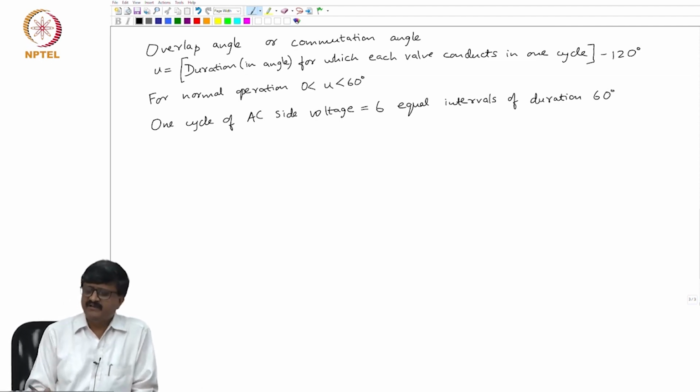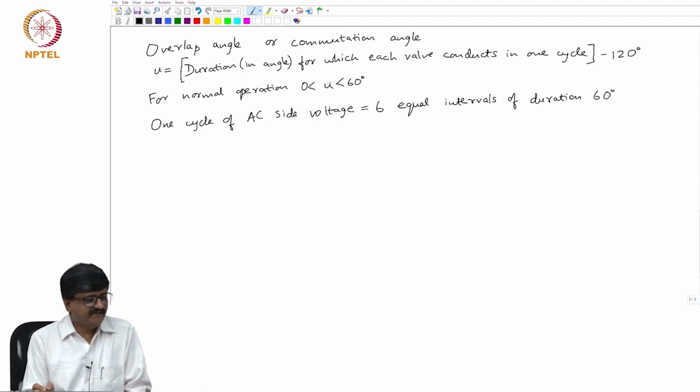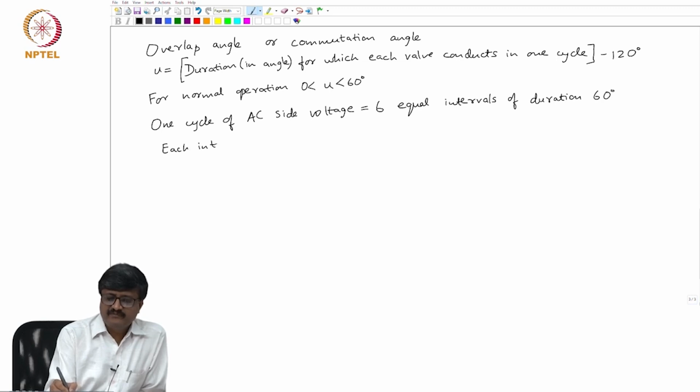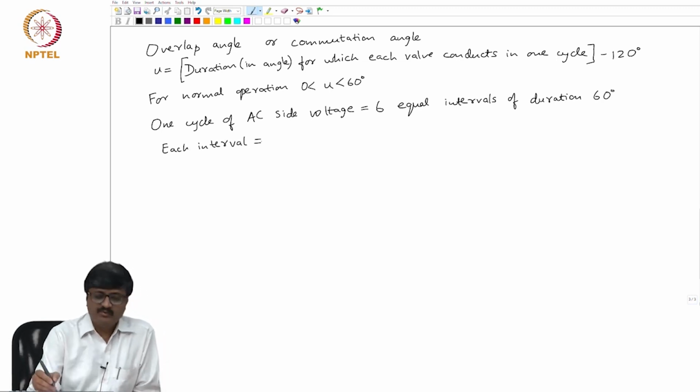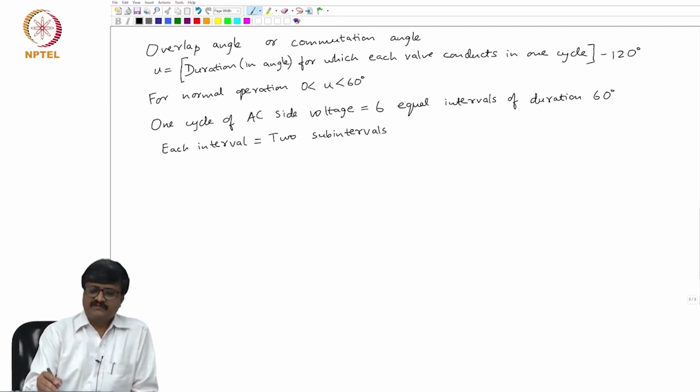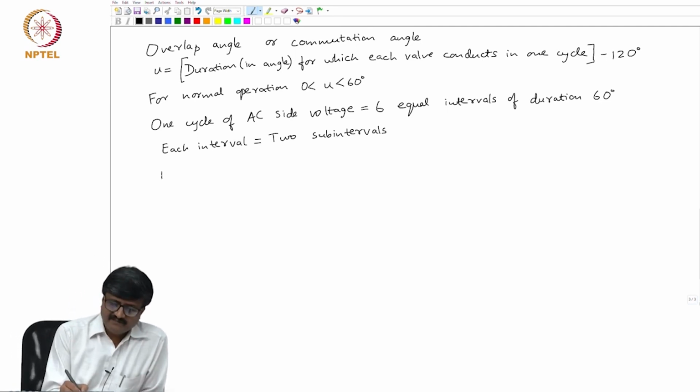Now, what I do is I divide this interval into 2 sub intervals. So, each interval of duration 60 degrees is said to be equal to 2 sub intervals. There is a first sub interval and a second sub interval in each interval.